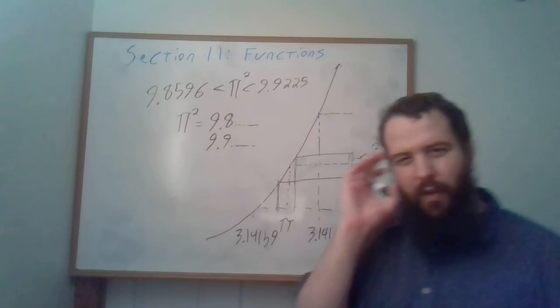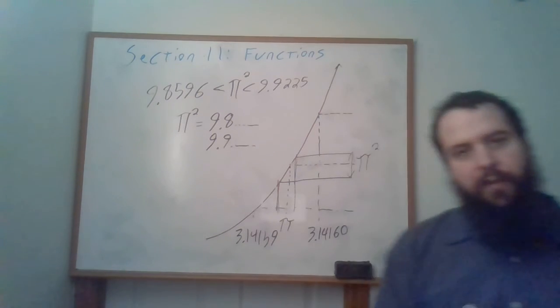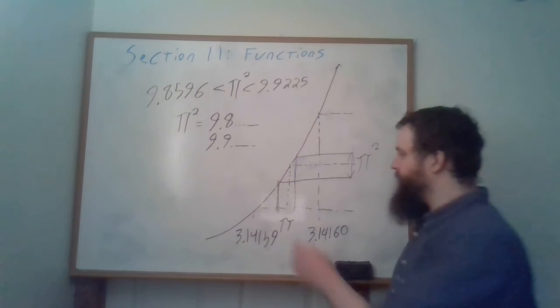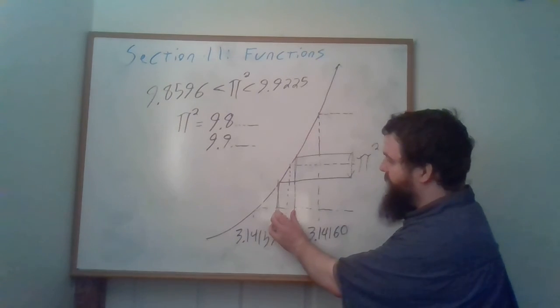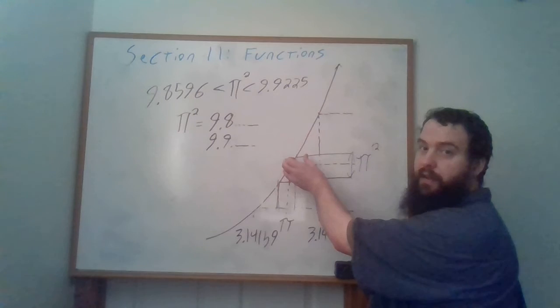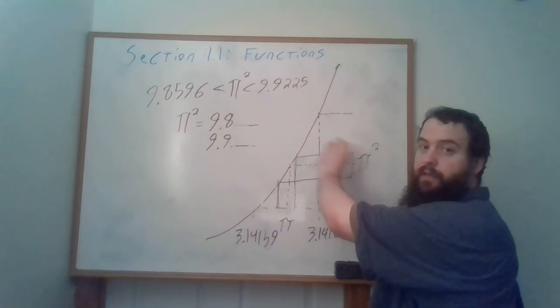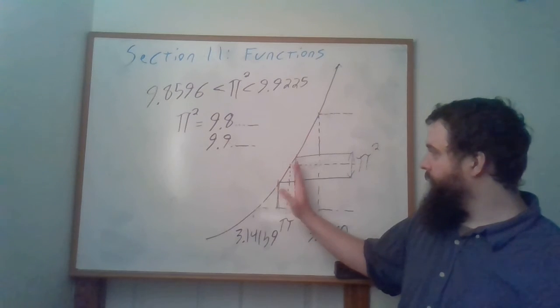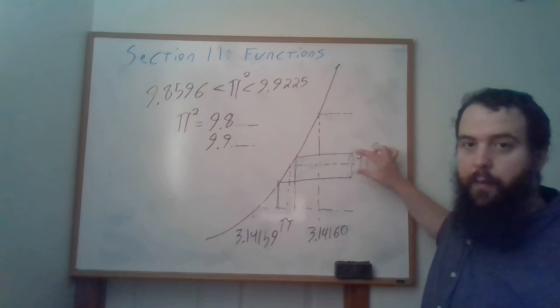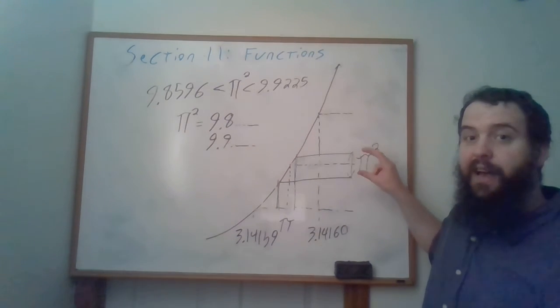And so one of the questions that you might want to ask is, if we have a range of values and we input that into our function, we're going to get some range of values as output, right? We know that pi is somewhere between here and here. We know that pi squared is somewhere between here and here.